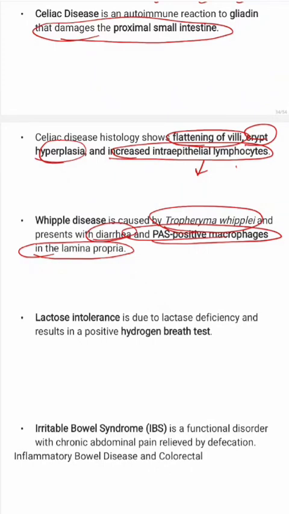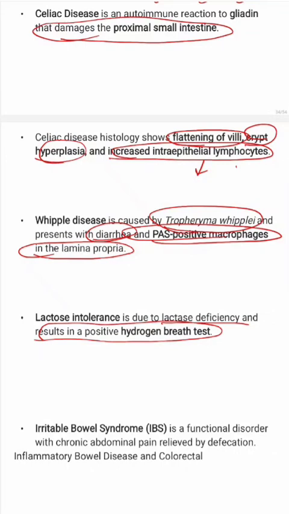Lactose intolerance is due to lactase deficiency and results in a positive hydrogen breath test. Okay, so we do a hydrogen breath test. If it is positive, then we suspect that this is lactose intolerance. Okay, so how do we do the hydrogen breath test?